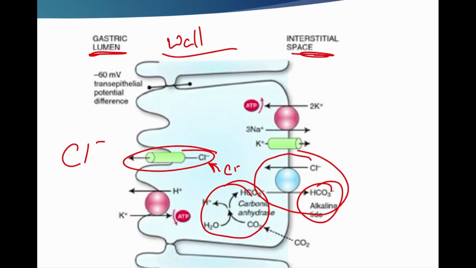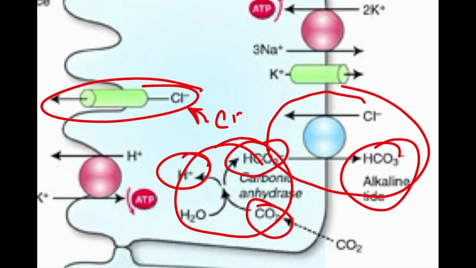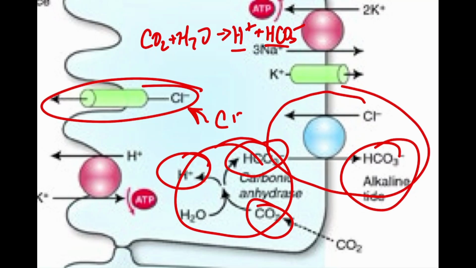The CO2 comes in; CO2 combines with water via carbonic anhydrase and gives you the hydrogen plus the bicarb. Now, we're left with the hydrogen and the bicarb. That bicarb will contribute to the alkaline shift, that chloride shift. That bicarb just leaves and brings chloride in.